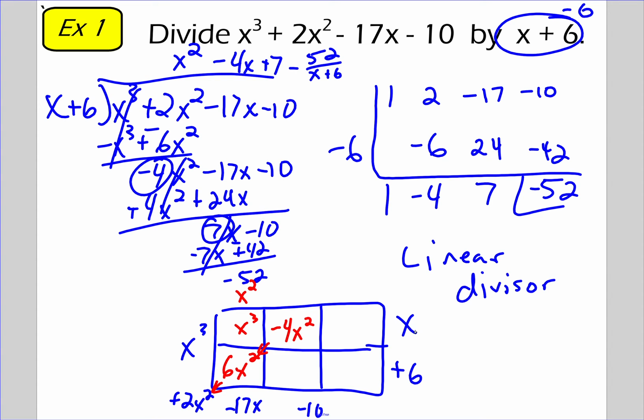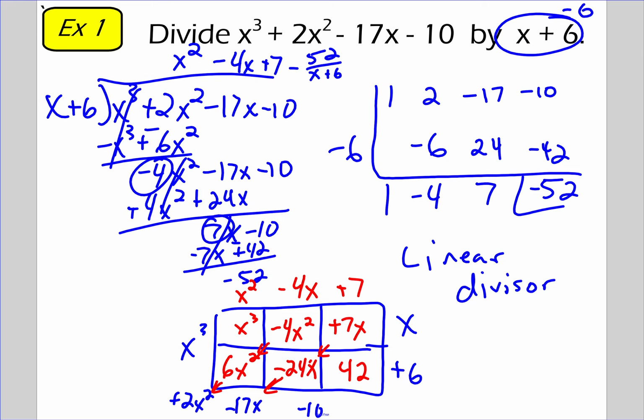Now, what times x gives us negative 4x squared? Negative 4x. We multiply by the 6 to get negative 24x. Along the diagonal, it should add up to be negative 17x, so we have to have a positive 7x here. What multiplies? 7 does, and then 7 times 6 is 42.